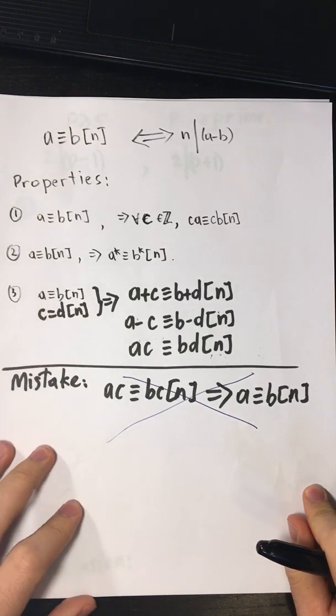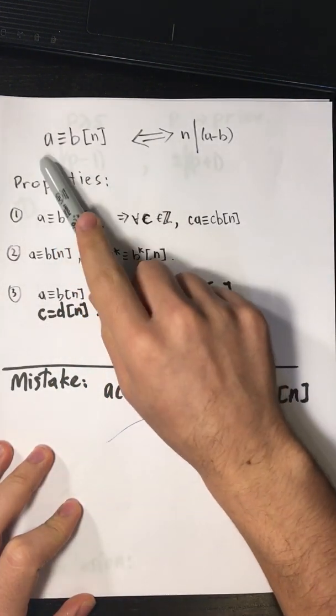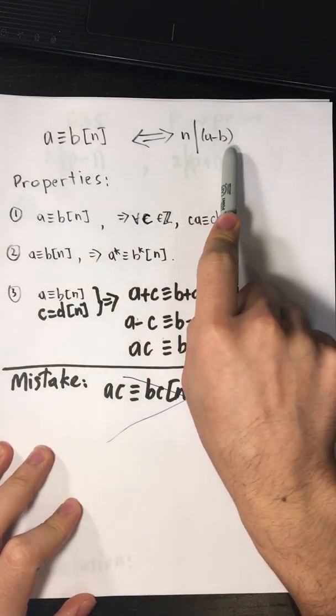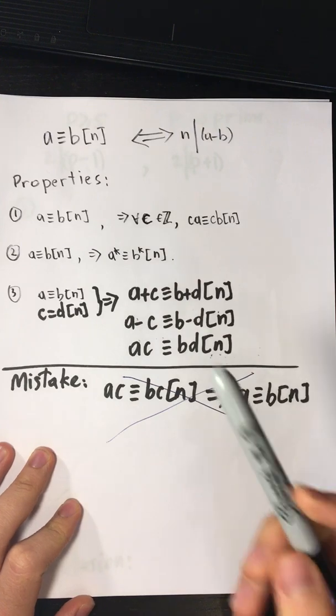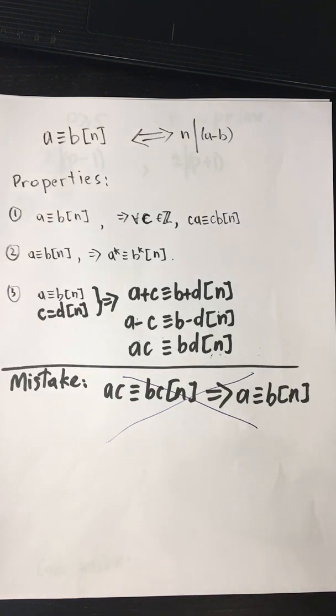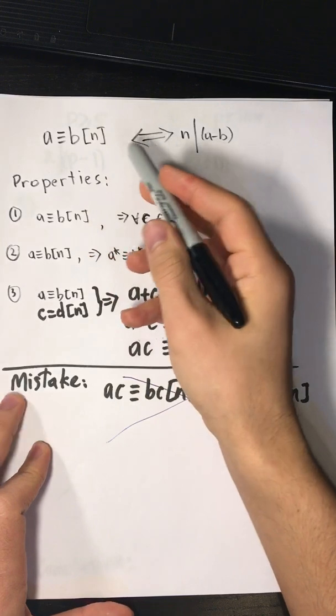Before I start, I want to review this one. If you have A congruent to B mod n, it means that n divides A minus B. It's just like division, but written in more advanced notation, because we are doing a bachelor's degree. We're learning this one.